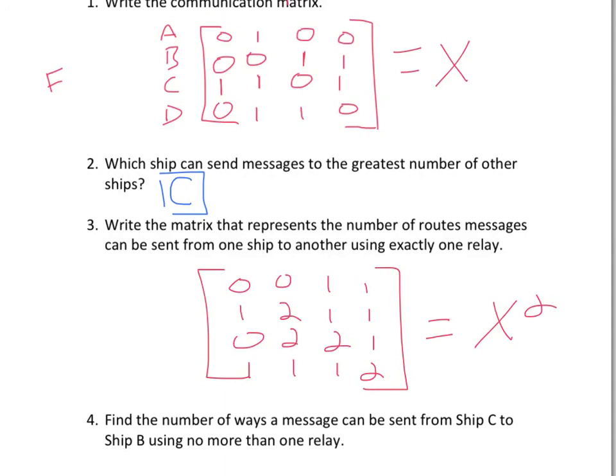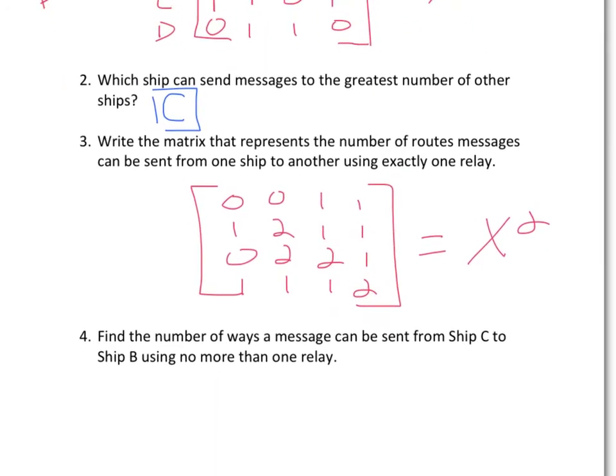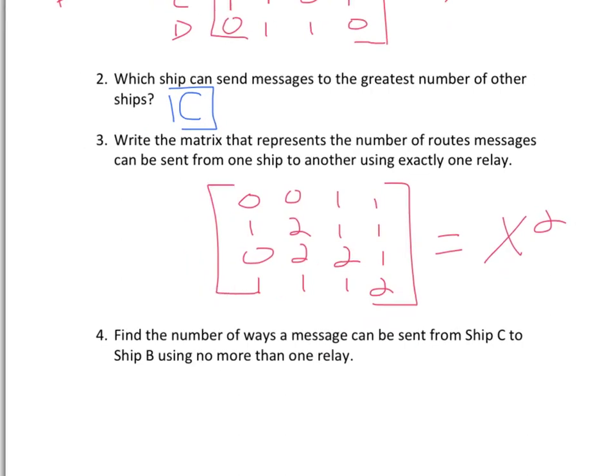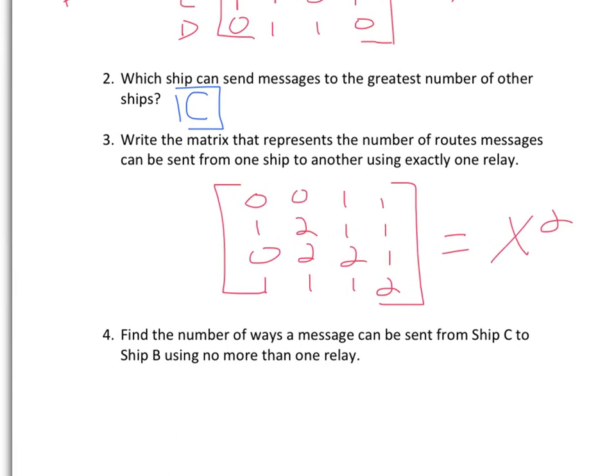And finally, this last question is just answering how many ways can a message be sent from ship C to ship B by using no more than one relay? The key there being no more than one relay. No more. Okay?